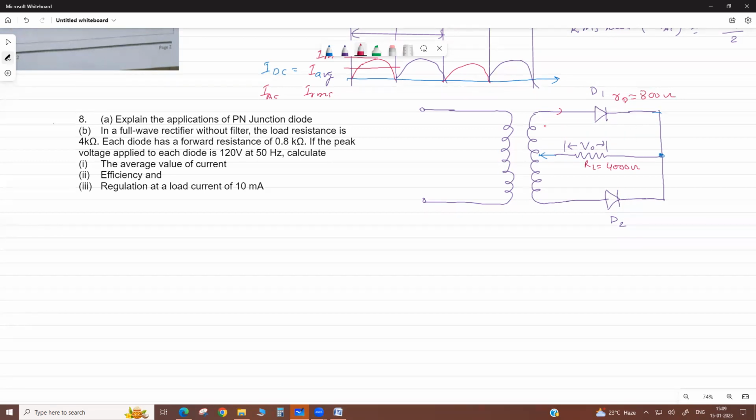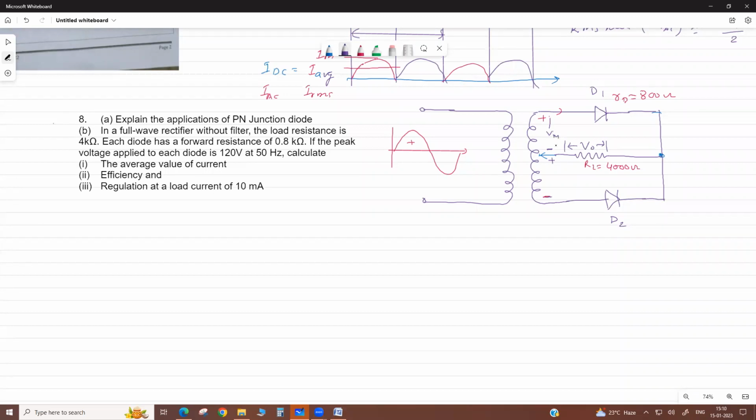When the positive cycle occurs, this is positive, this is negative. Now here this positive, this negative. So he said that across each diode, what is the voltage?